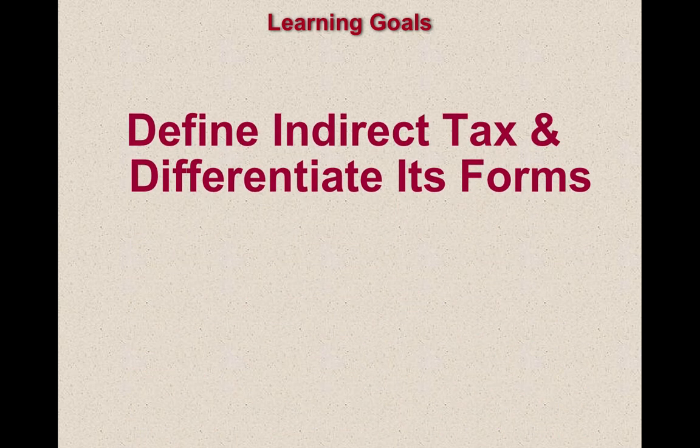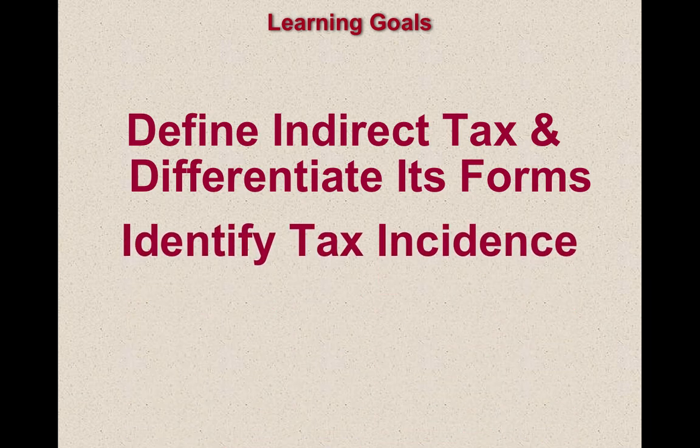Our learning goals for the day. One, by the end of the day, you should be able to define indirect tax and differentiate its forms. Two, you will be able to identify tax incidence, and you will not only be able to define it, but show on a diagram where it is.